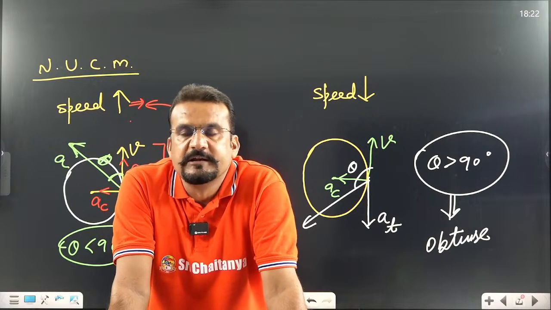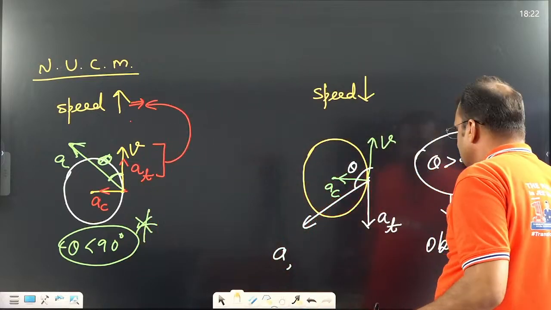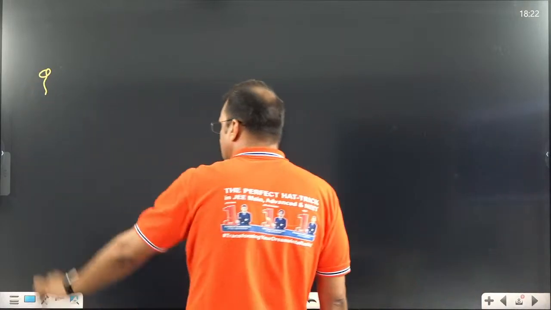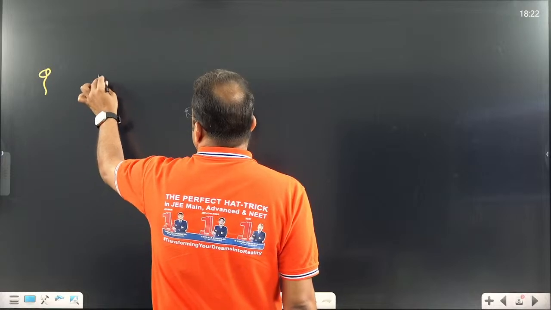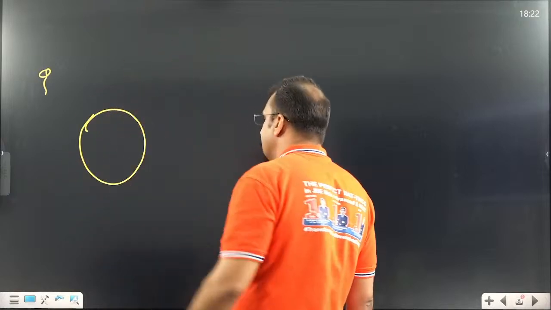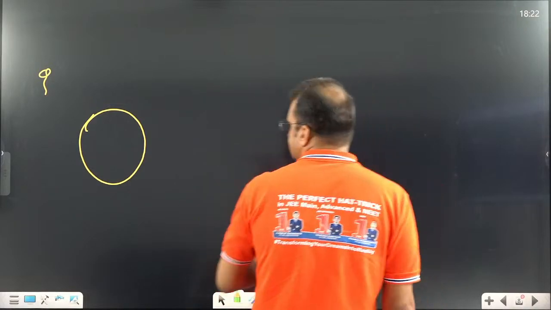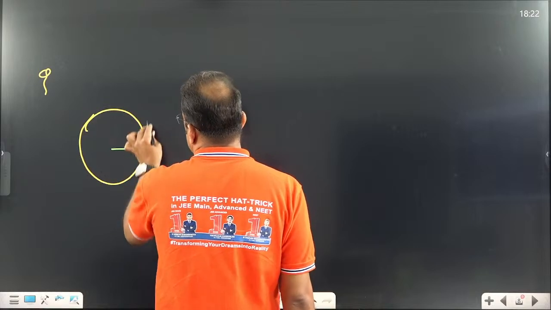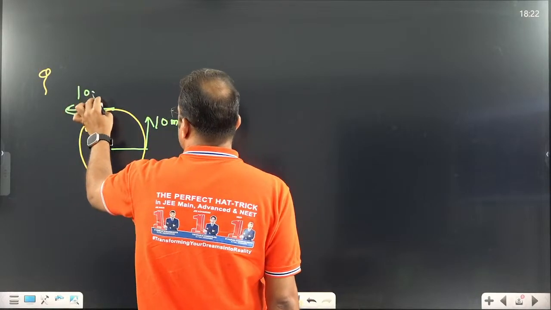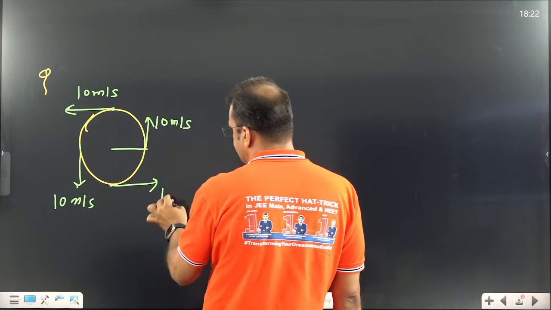Yes. And let us come to the point. Let us take one or two questions on this same concept, dear student. Which types of questions can they ask? See, if I am giving you a circular motion, and someone asks you what is the net acceleration in circular motion, and the given data is such that velocity at this point is 10 meter per second, at this point 10 meter per second, at this point 10 meter per second, at this point 10 meter per second.